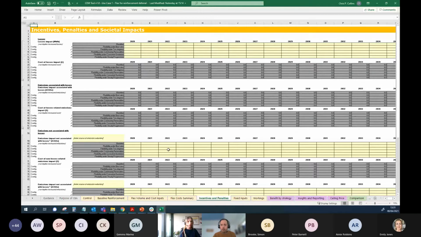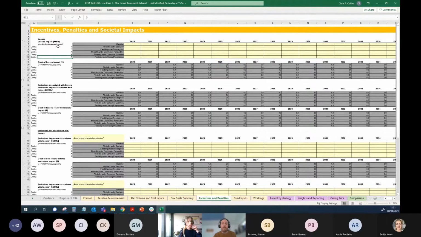There are, however, additional costs and benefits that the DNO may feel it's appropriate to take into account. And this is where this incentives and penalties tab comes in. So there is a range of possible inputs here, which can be left entirely blank. But if the DNO believes they have the basis for populating some of these, they can.